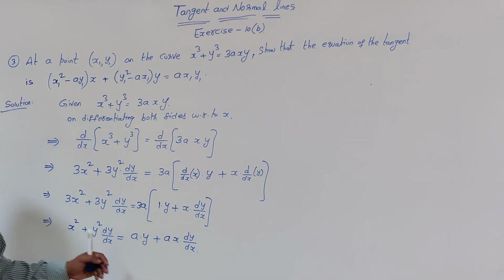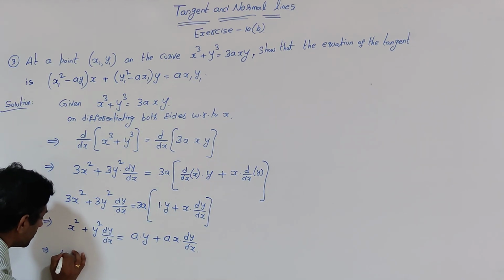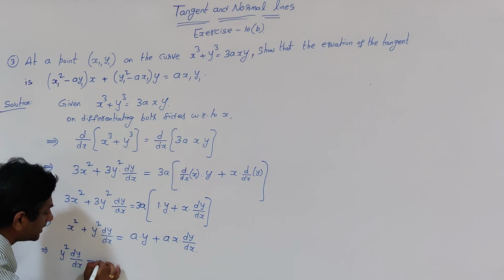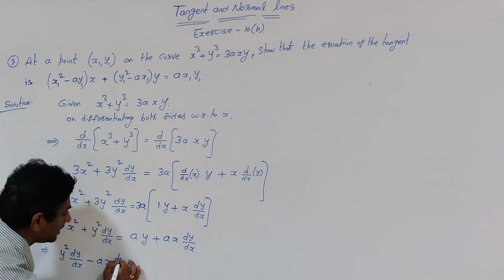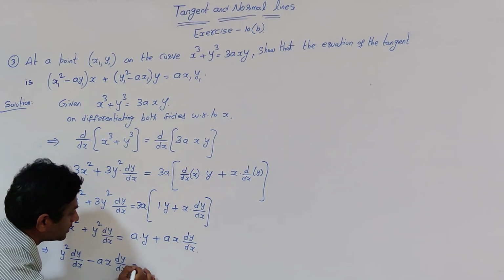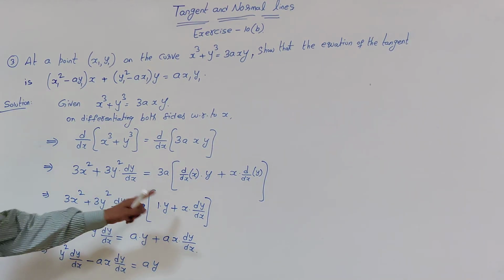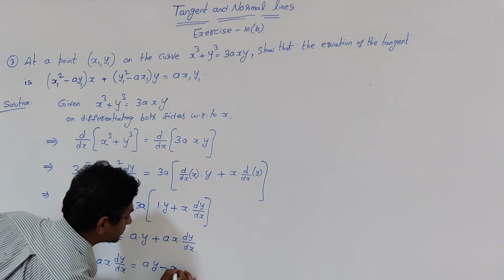Now bring all the terms of dy by dx to one side: y square dy by dx minus ax dy by dx is equal to ay, and take x square to the right hand side, minus x square.